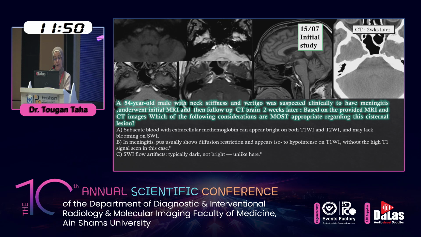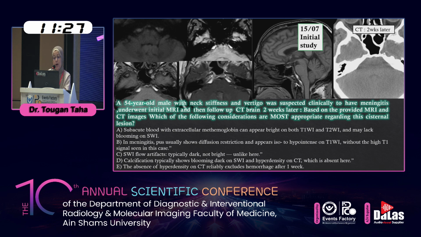SWI flow artifact is typically dark, not bright, unlike here. And calcification typically shows blooming dark on SWI and hyperdense on CT, which is absent here. The absence of hyperdensity on the CT reliably excludes hemorrhage after 1 week. So what do you think?